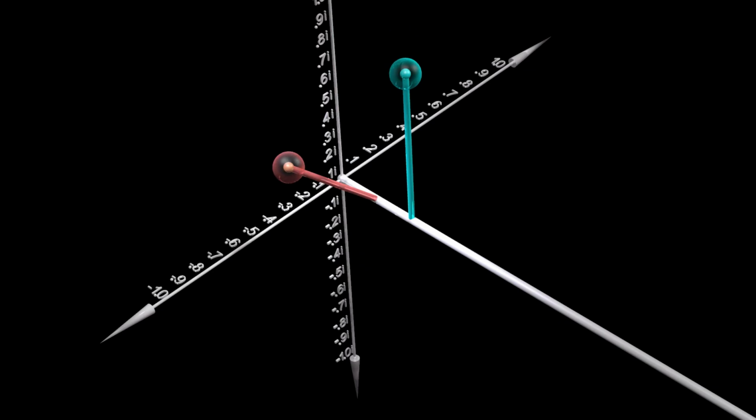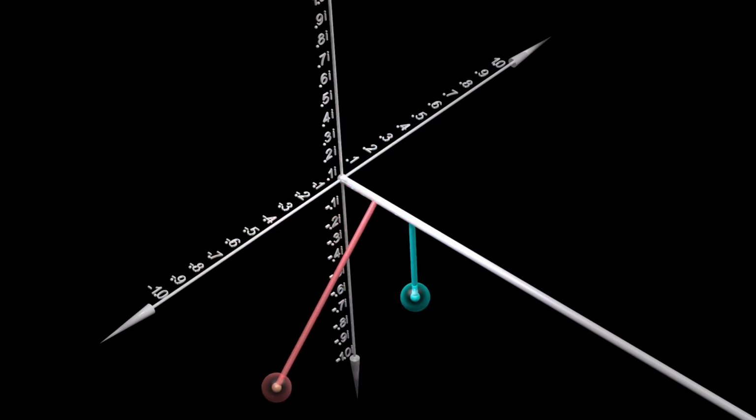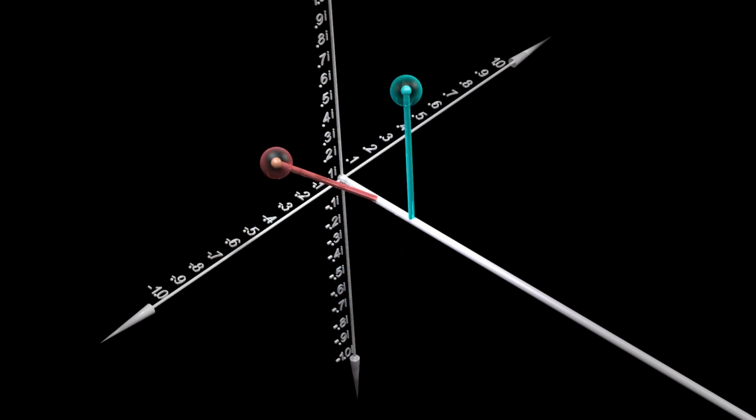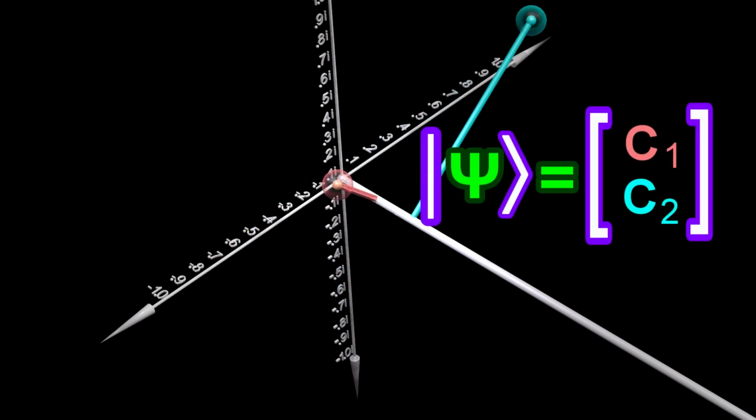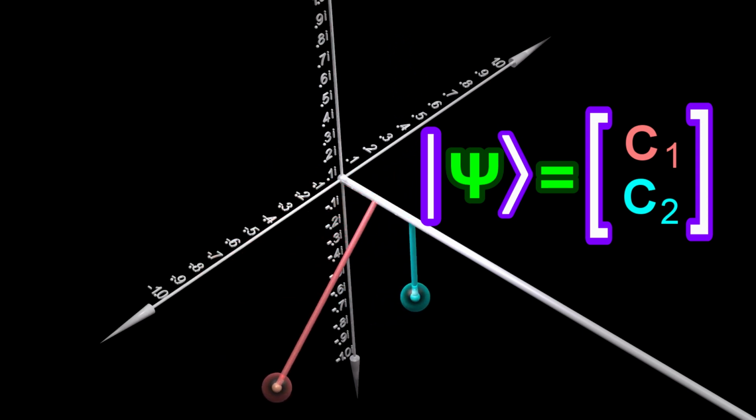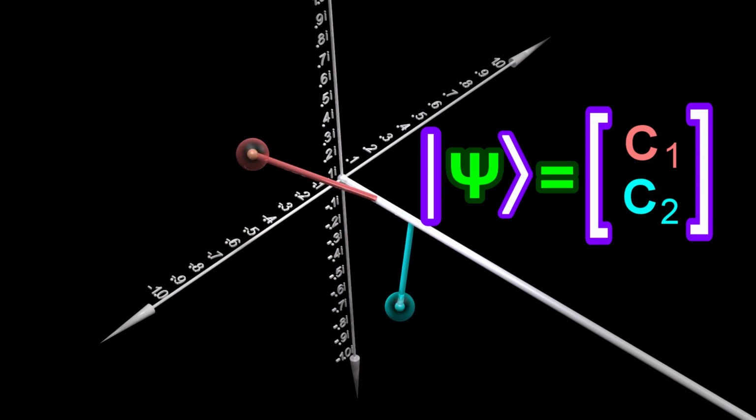Therefore, as before, the sum of the squares of the lengths of the red and blue lines must be equal to the square of the length of the total vector, which must always be equal to 1. Let us call the first complex coefficient C1 and call the second complex coefficient C2. The magnitude of C1 is equal to the length of the red line.